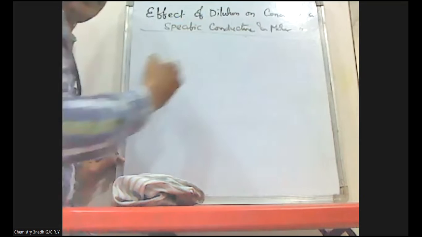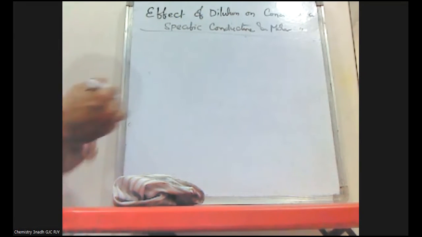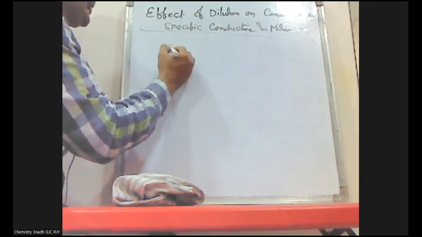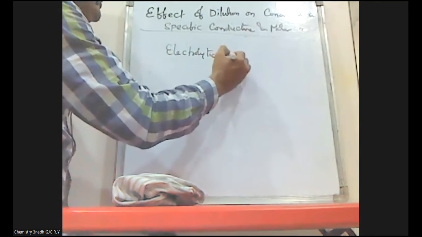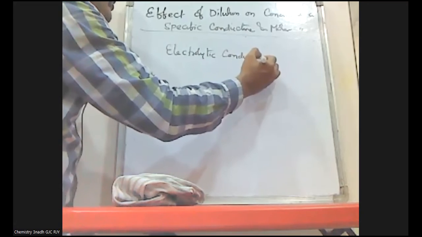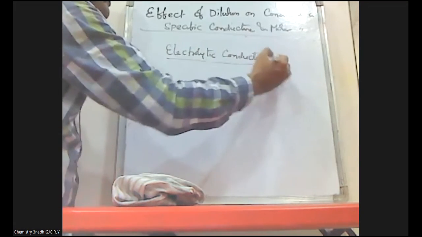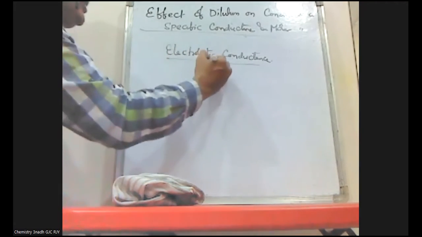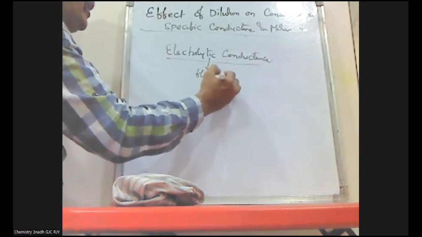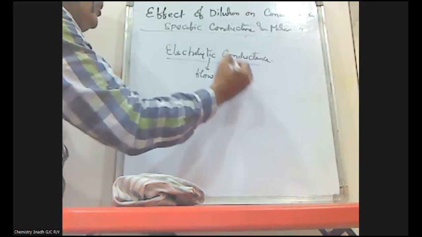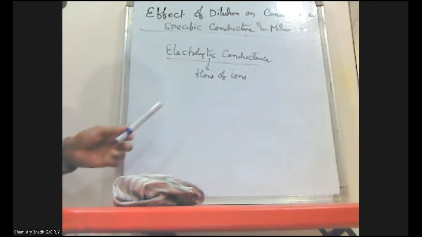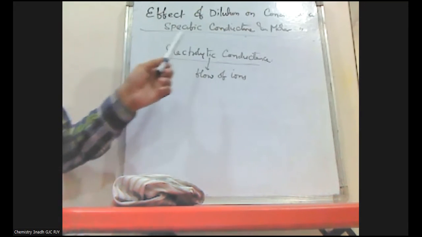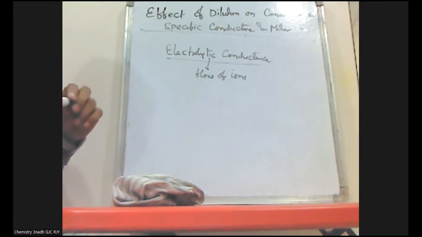What is the effect of dilution? Generally, the conductance we are discussing is electrolytic conductance. Electrolytic conductance is due to the flow of ions, whereas electronic conductance is due to the flow of electrons.